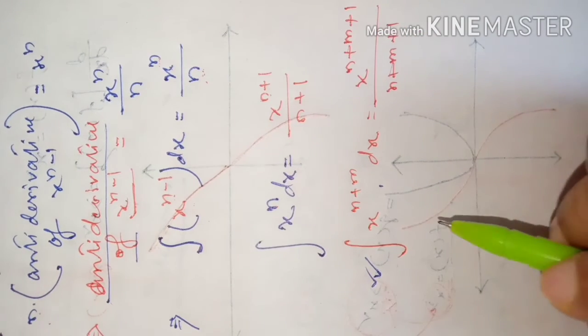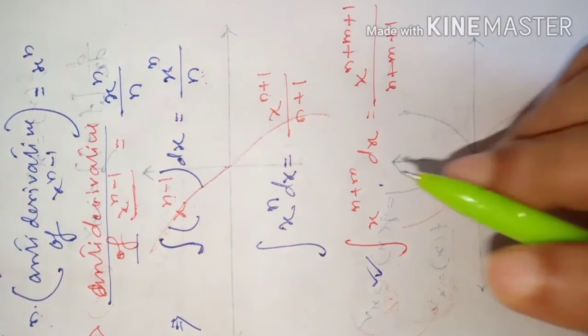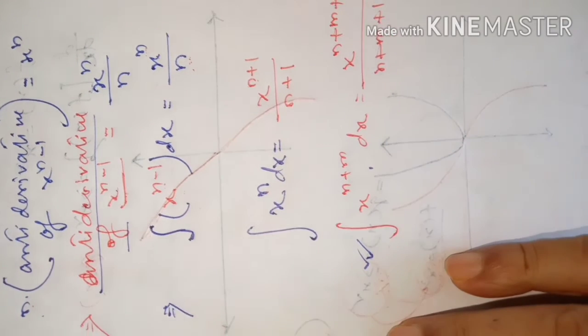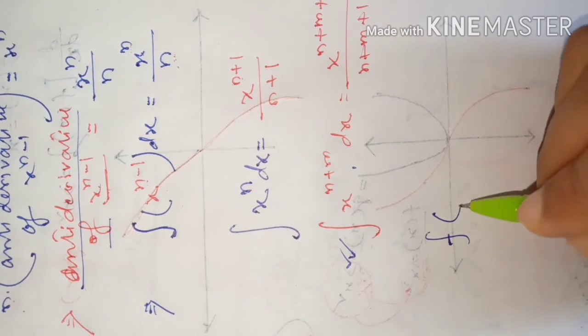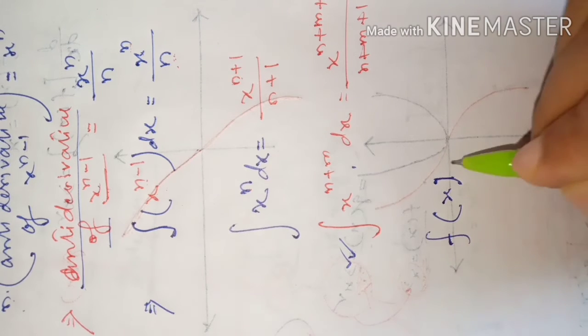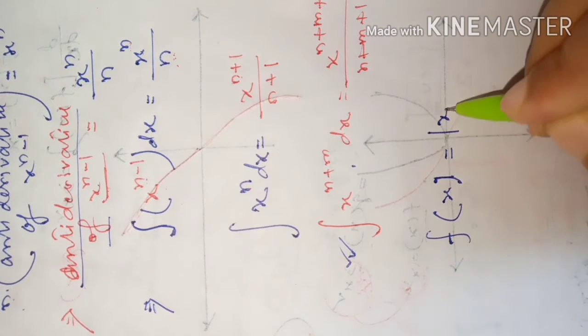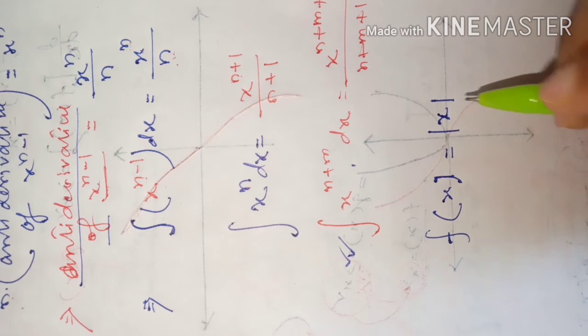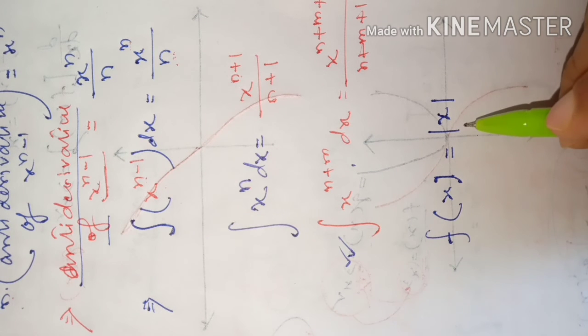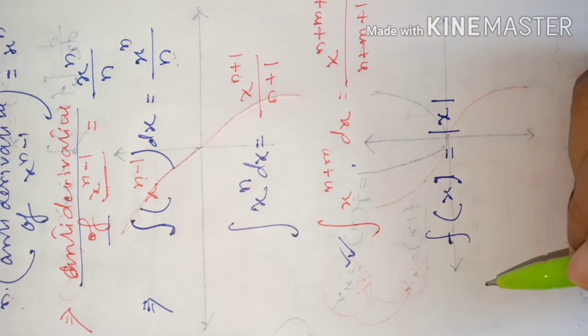As all functions do not have their derivatives, because all functions are not differentiable, you know or not. All functions are not differentiable. For example, f of x equal to modulus of x. This function is not differentiable at x equal to 0. So as this function is not differentiable, its antiderivative also you can't find out.